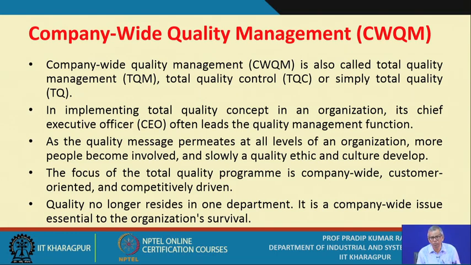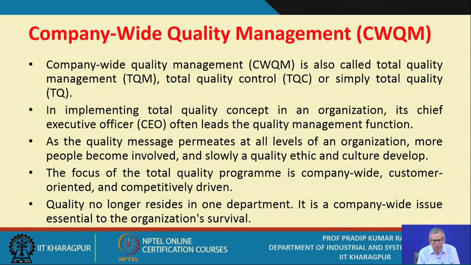Now we move on from the late 60s onwards, when many companies started talking about company-wide quality management. That means quality is not only the responsibility of just one production department, it is the responsibility of all the departments of an organization. Company-wide quality management is also called total quality management, total quality control or total quality.